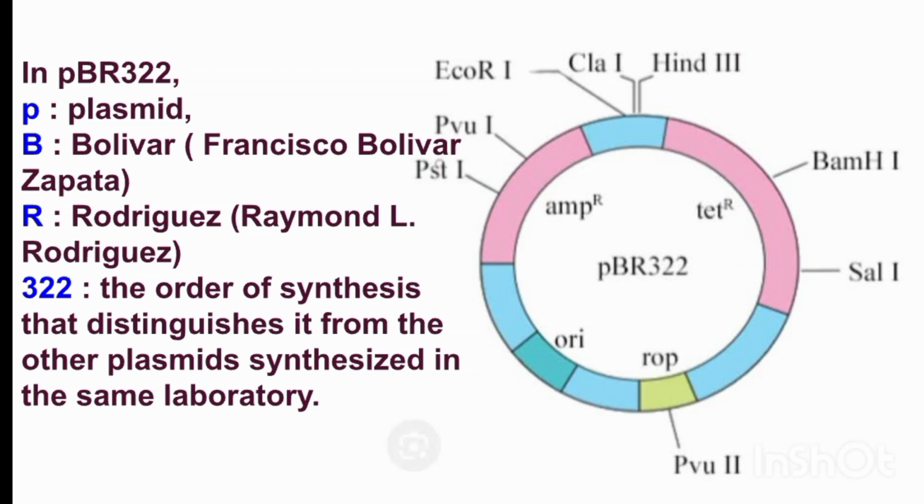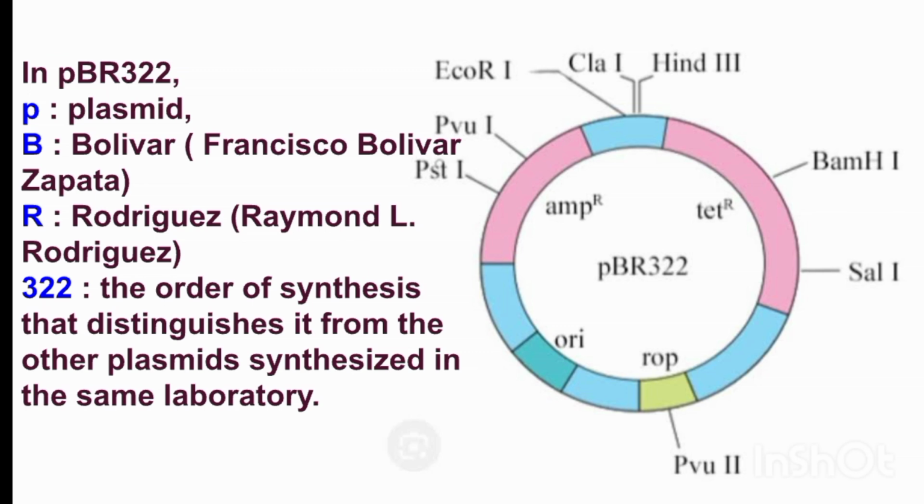So here in pBR322, I can see I have got an ORI, which is the origin of replication. For me to start the replication, I require ORI. Then I have got selective markers, ampicillin resistance, that is antibiotic resistance.